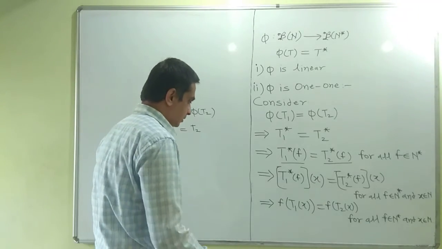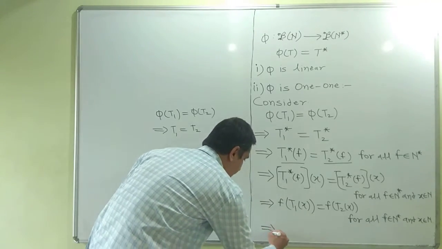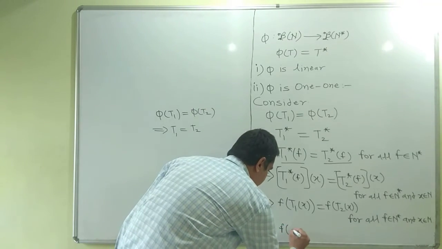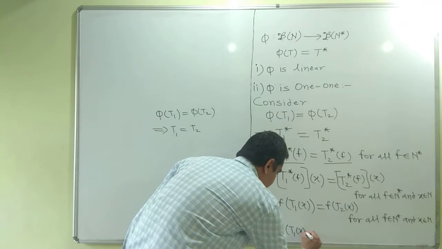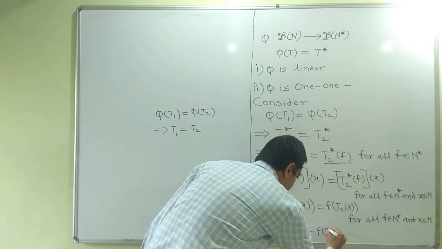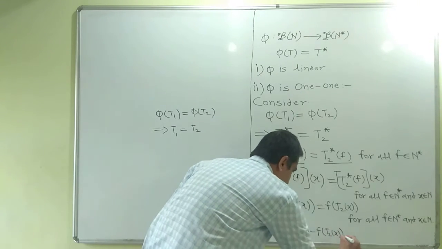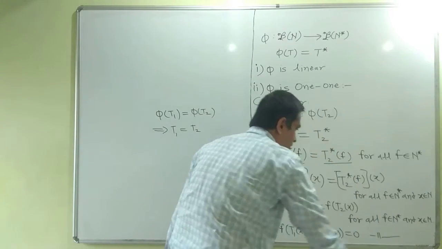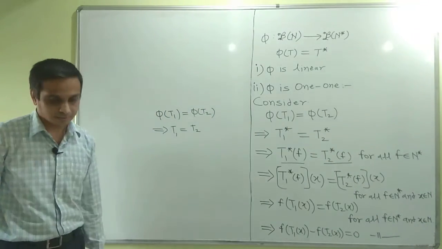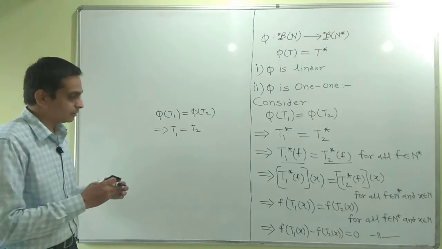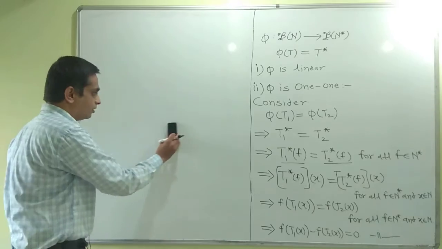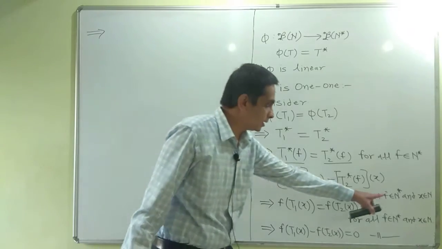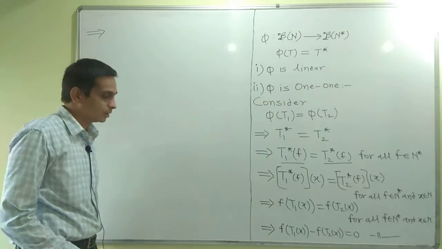The further simplification would be f of T1x minus f of T2x is equal to 0, again for all f belongs to N star and x belongs to N. Now use linearity of f. F is linear because it is in the space N star; it is linear as well as bounded or continuous.